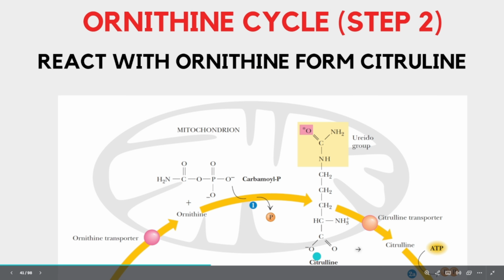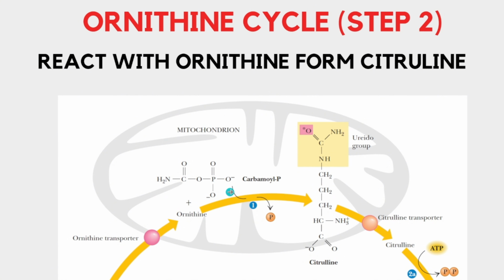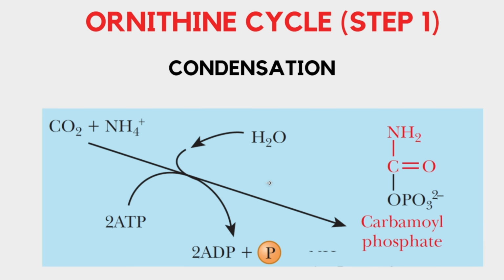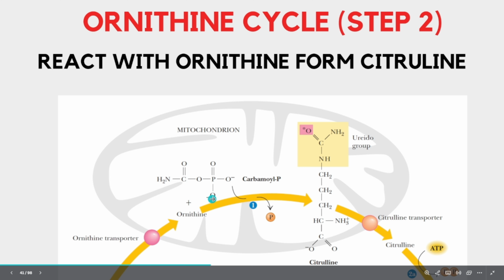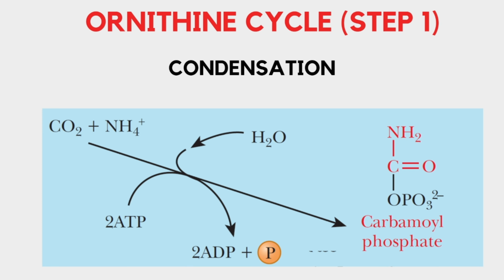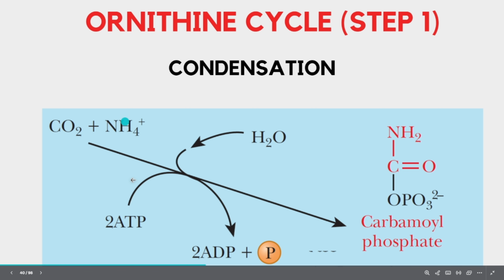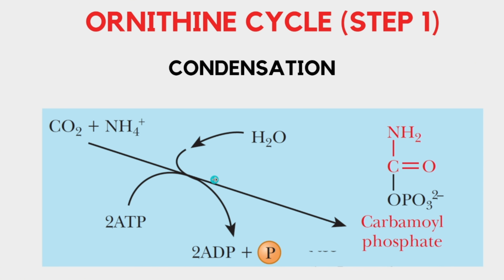After that comes the second reaction, where the carbamoyl phosphate reacts with ornithine to form citrulline. From now, they enter the ornithine cycle. The first reaction is not yet in the cycle; it is like the link reaction.